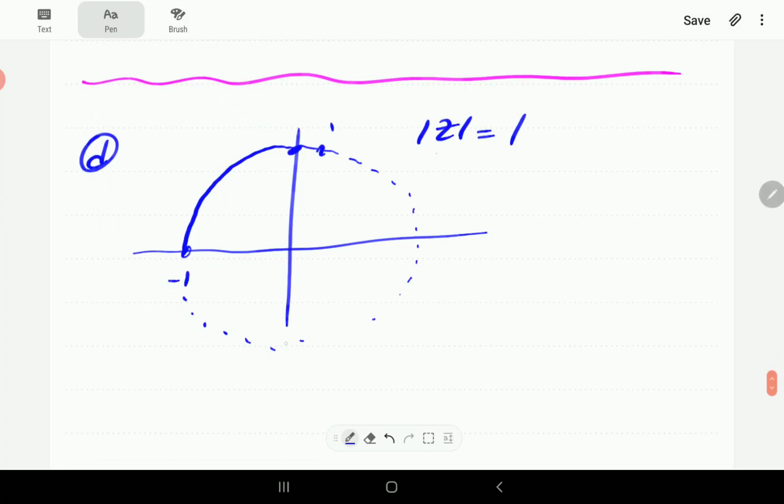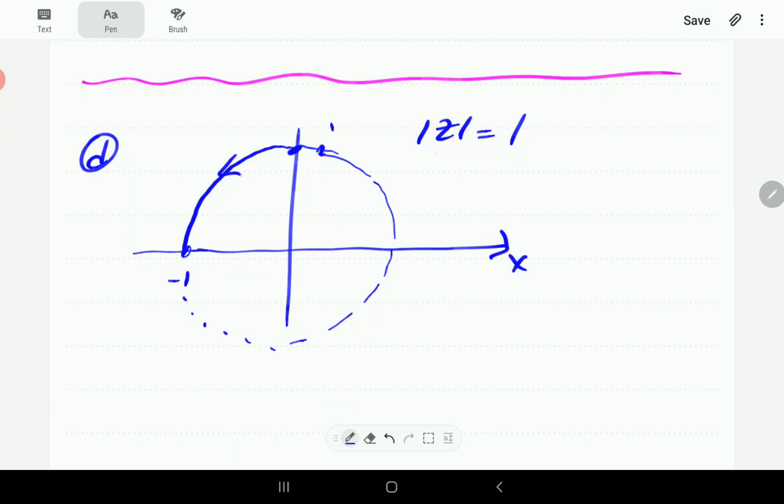Since we are doing this in the counterclockwise direction, that means the segment of the circle we're interested in is this one here. So that is our C4.